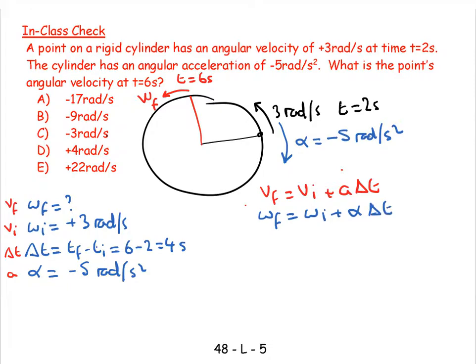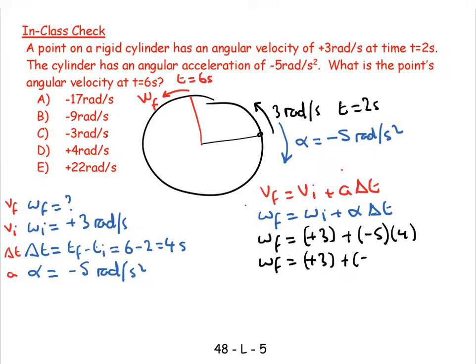So omega f is equal to plus 3 added to minus 5 times 4. So omega f is equal to plus 3 added to minus 20, which is minus 17 radians per second. Very interesting.